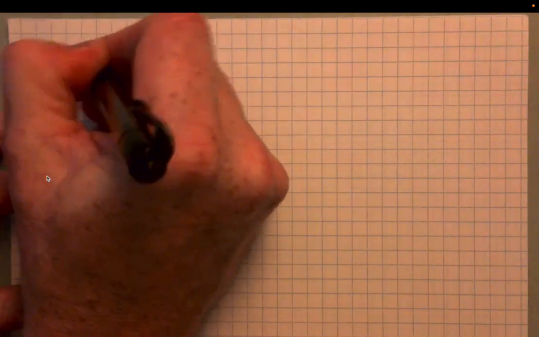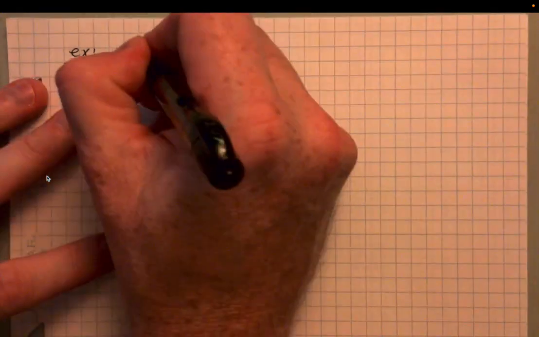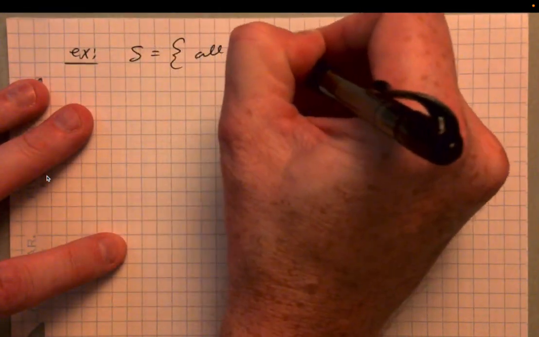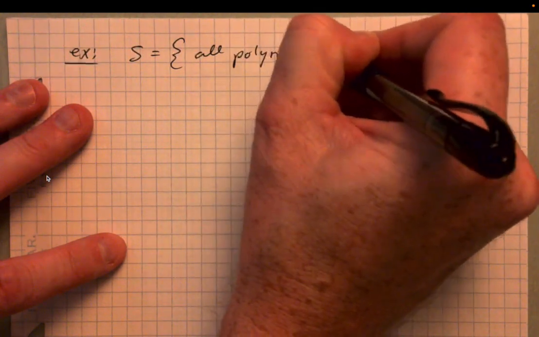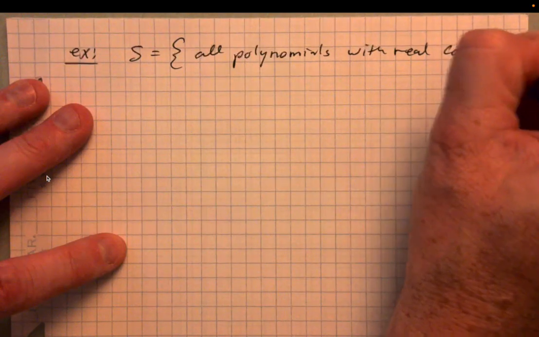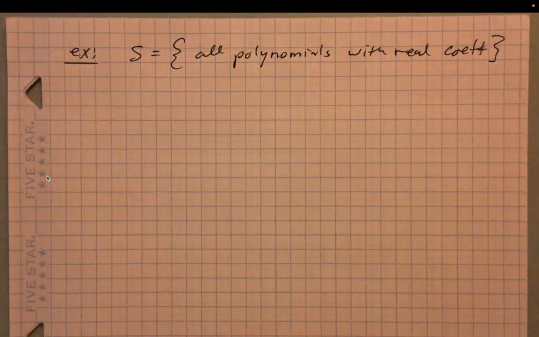Okay. How about this example next? Let's let S be the set of all polynomials with real coefficients. Okay, real valued polynomials. All right.